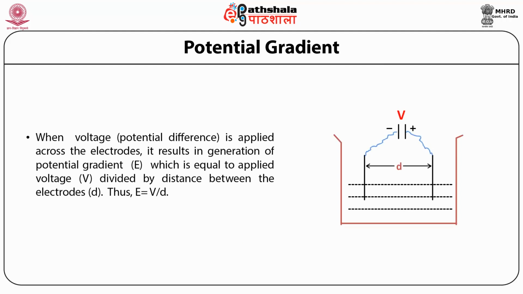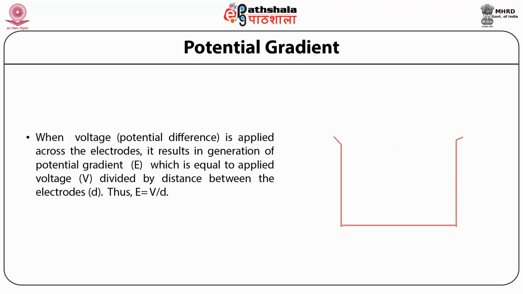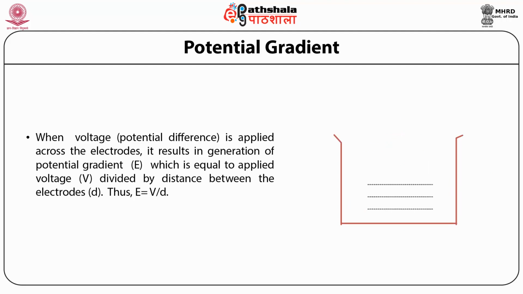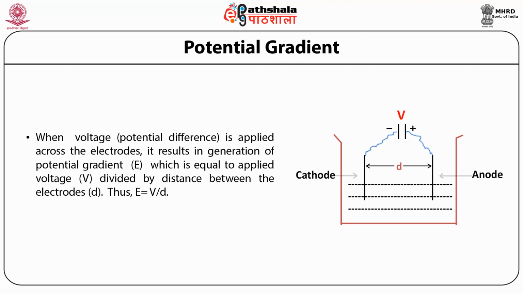During electrophoresis, voltage is applied across the electrodes and this generates potential gradient, which is a function of not only applied voltage denoted by V but also by distance between two electrodes denoted by a small d. Potential gradient is calculated by dividing voltage V with distance between two electrodes, small d.